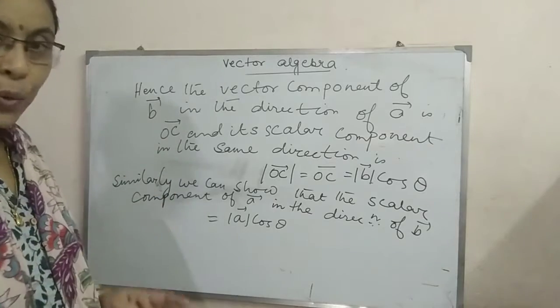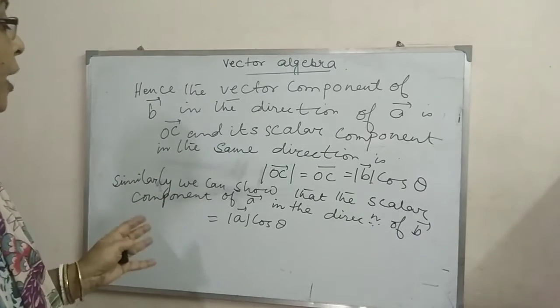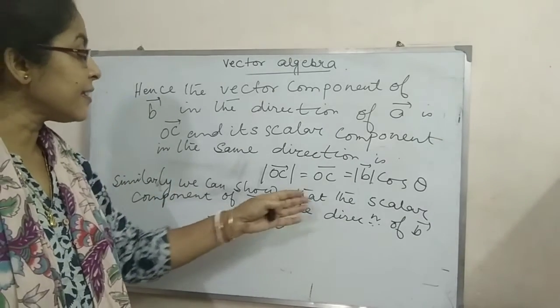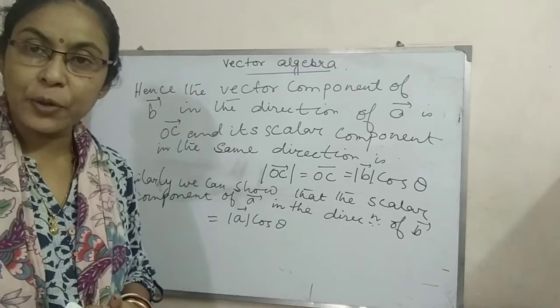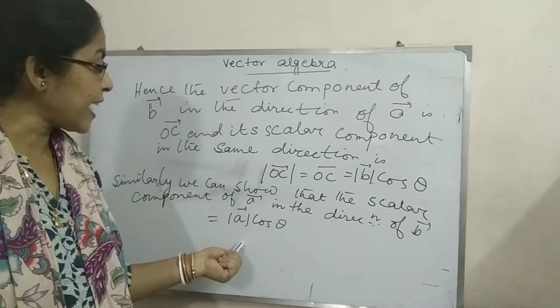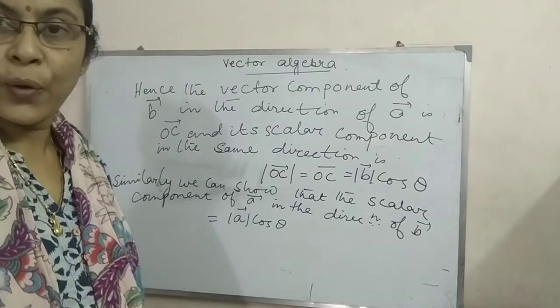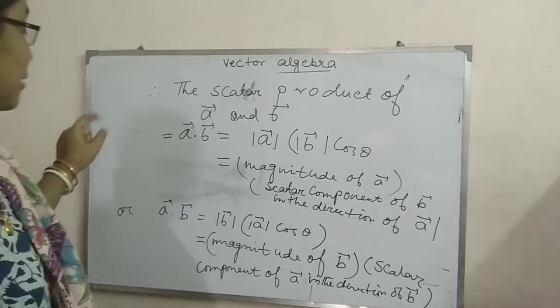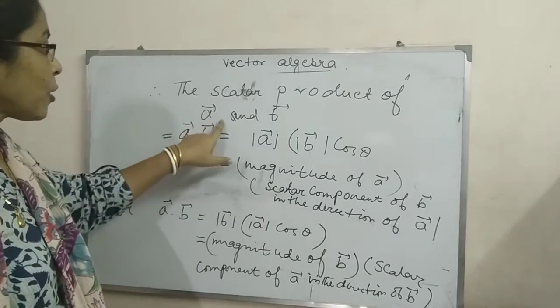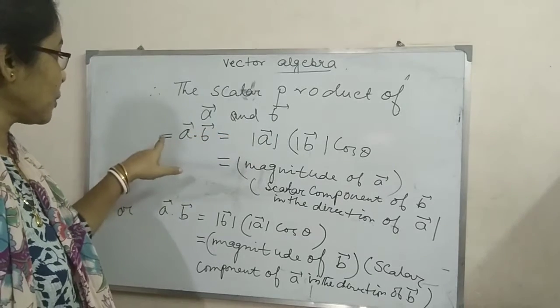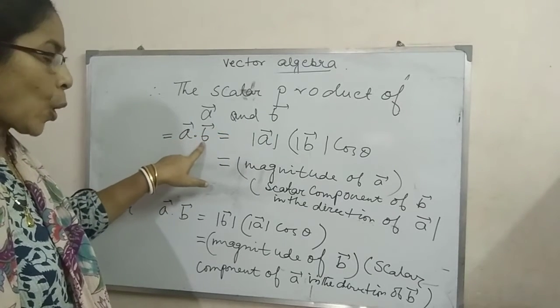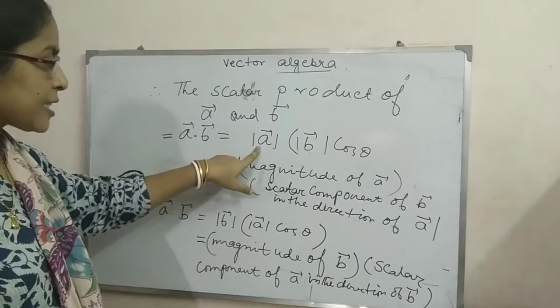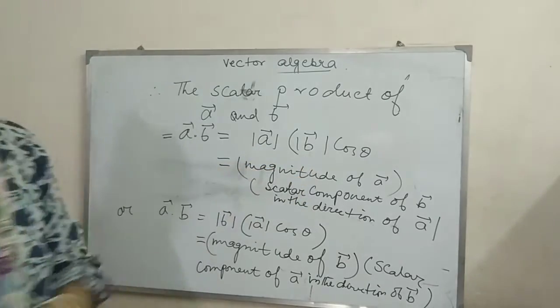Similarly, we can show that the scalar component of A in the direction of B equals modulus A cos theta. Therefore, the scalar product A dot B equals modulus A into modulus B cos theta.